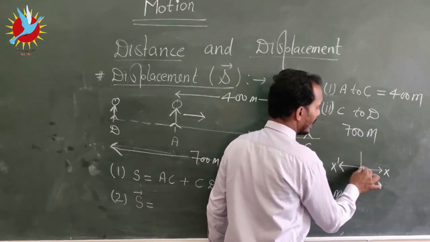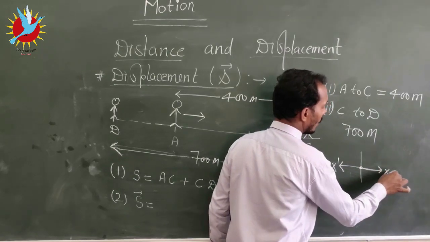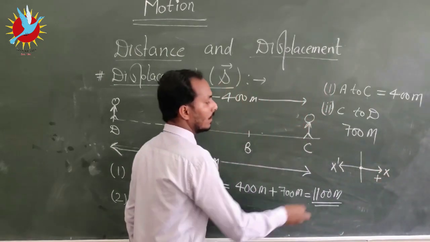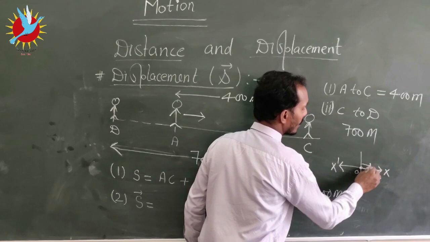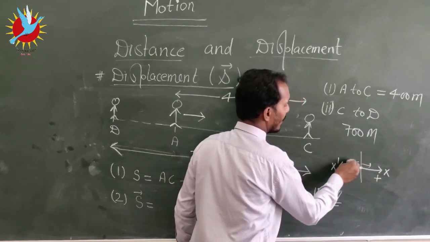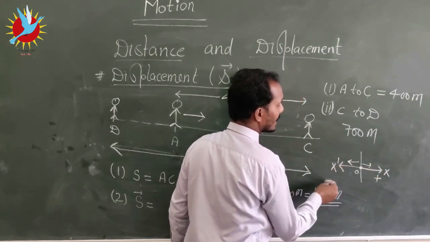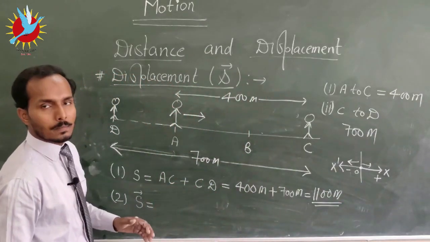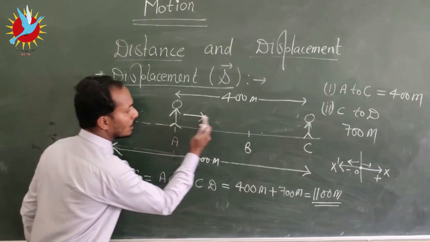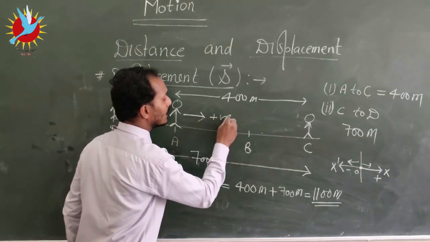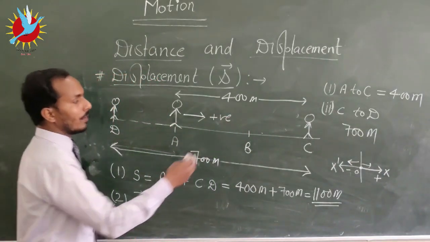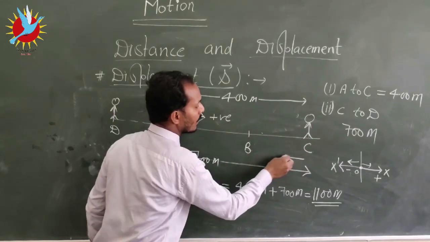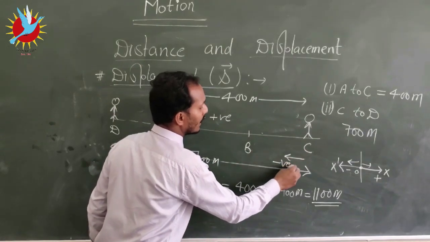Moving from the origin to the right side is positive, and moving to the left side is negative. Same rule we follow in this case. When a person is moving from A to C, I consider it positive. When it moves from C to A, I consider it negative.